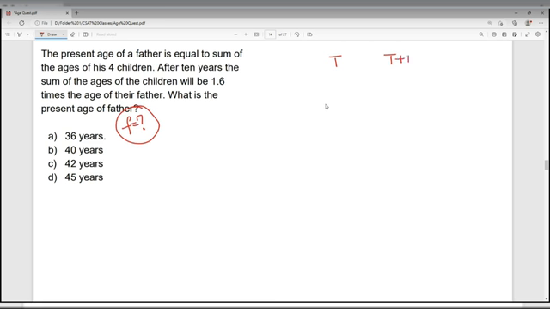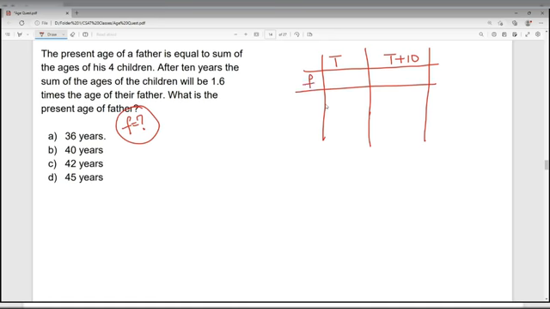So we have 2 time periods here, but we have around 5 characters. One is father and 4 children, and what they have said is they have actually mixed the age of the children. So what we can do is we can do it in 2 ways. I'll show you in the normal way. For example, let this be father, and then C1 will be the child 1, C2, C3, and C4.